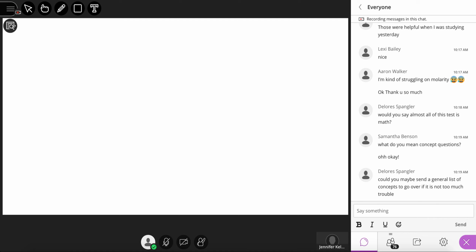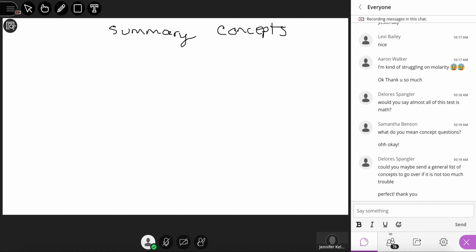I think there's actually a list of concepts. If you go in the textbook and you go to the end of the chapter, look for the section called Summary. You can find this on the online book or in the actual book. And in Summary, part of it is concepts. And it will review all the concepts that you need there.